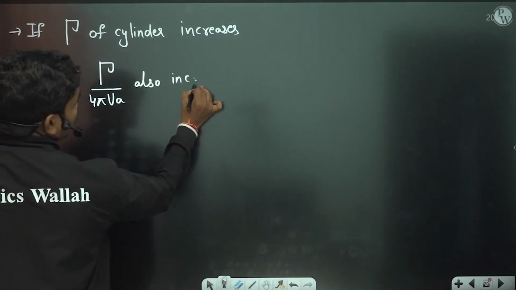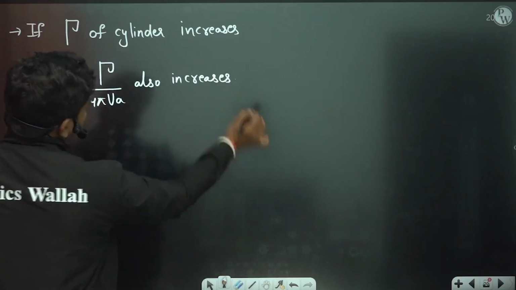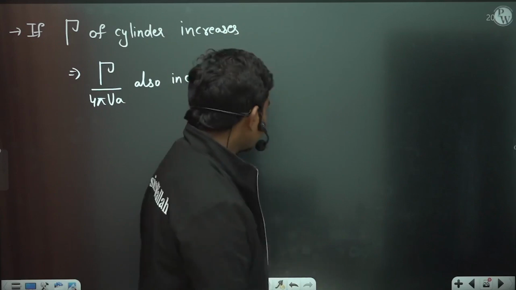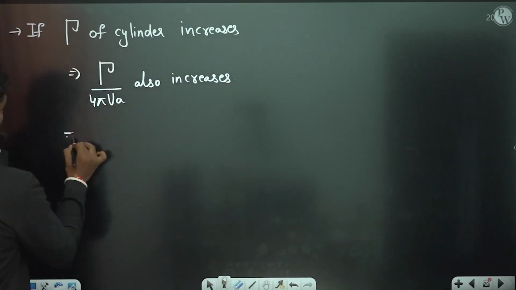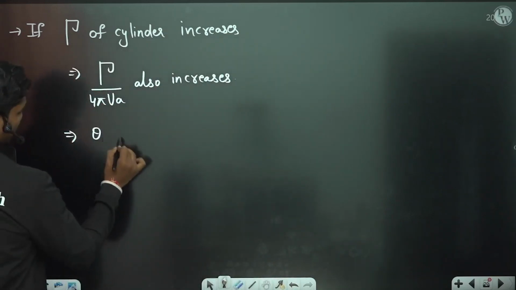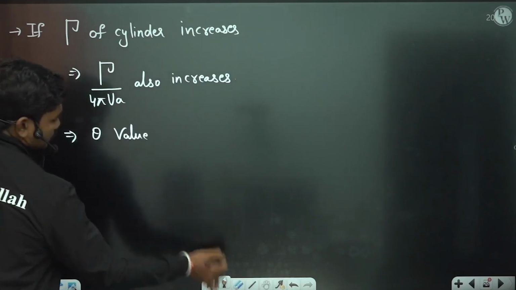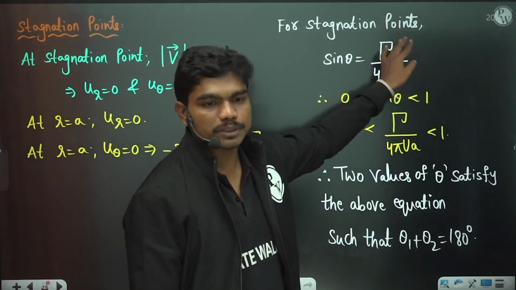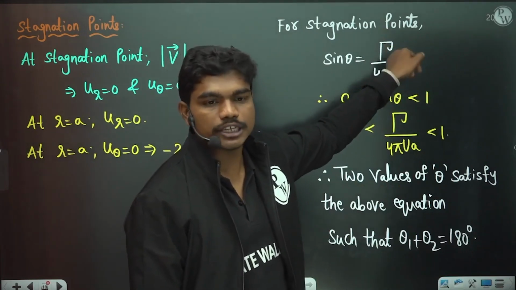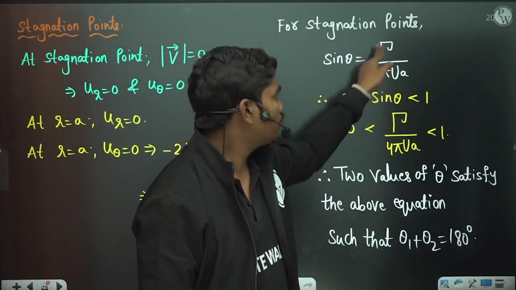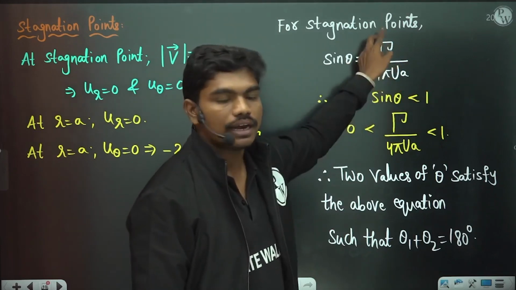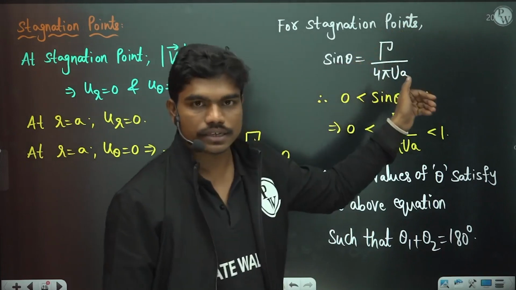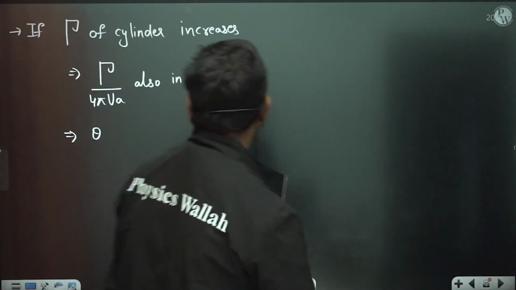Now tell me one thing, whenever sin theta is equal to this quantity, look, for example, this is 0.5, and because of the increase of circulation this went to 0.8. When this is 0.5 you have some value of theta. Now if this is 0.8, then theta also increases, correct?